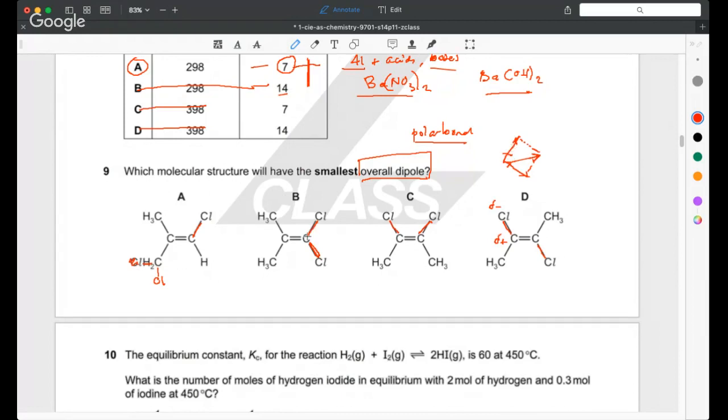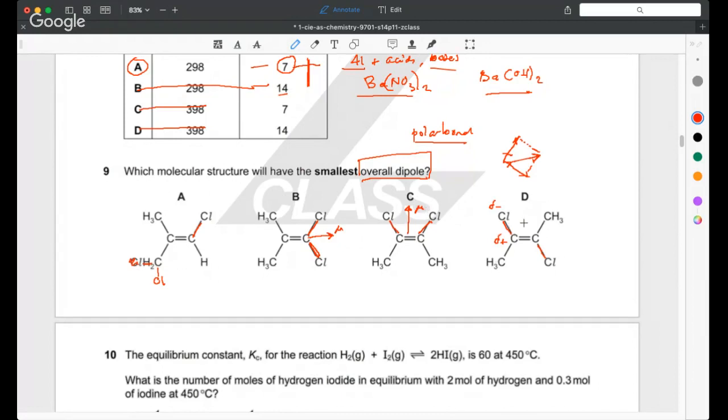So this molecule will have an overall dipole, the symbol for dipole is a mu, going that way. Similarly, same kind of argument, this molecule will have an overall dipole going that way.